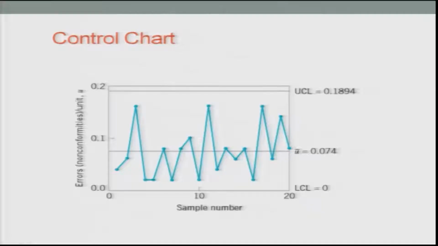I am just hovering my pen, not drawing over it. They are always between the upper control limit, which is 0.1894, and the lower control limit, which is 0, and the average number of errors comes out to be 0.074, which I am just circling.